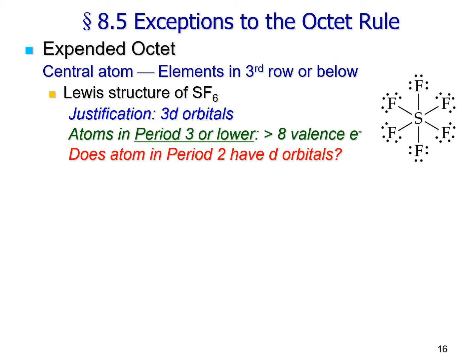So now we realize carbon, nitrogen, oxygen, once they become a central atom, including boron if we have to, cannot have an expanded octet, period. All right, so now we realize that with the help of 3d subshells, the central atom can have more than 8 valence electrons.